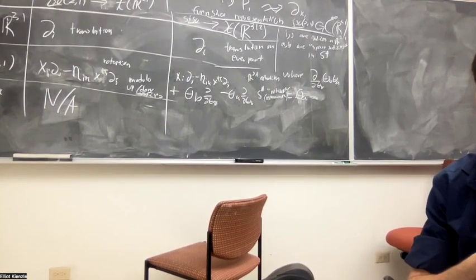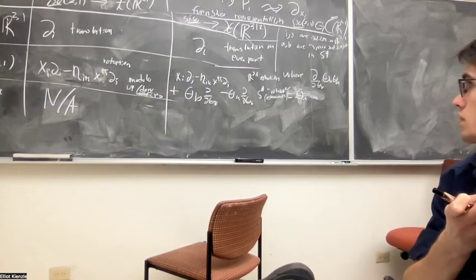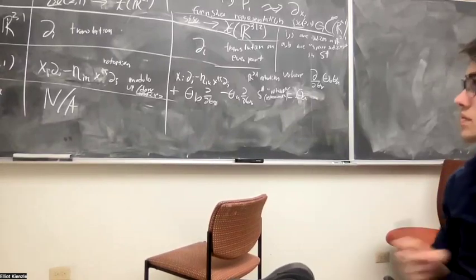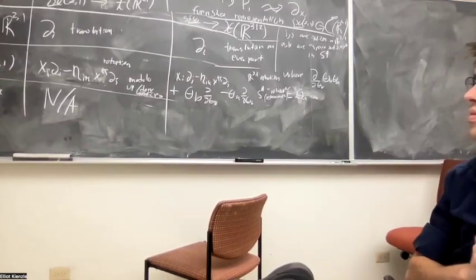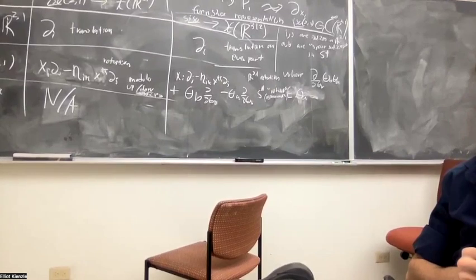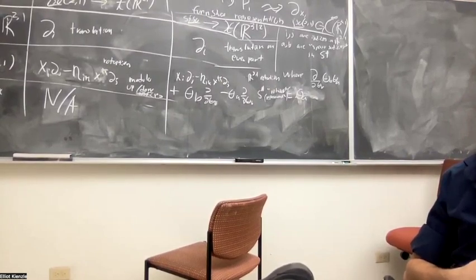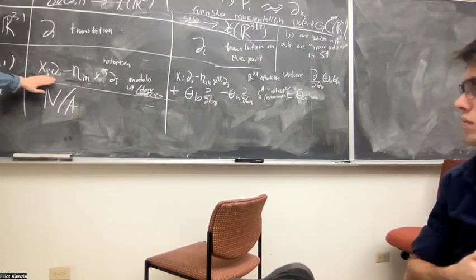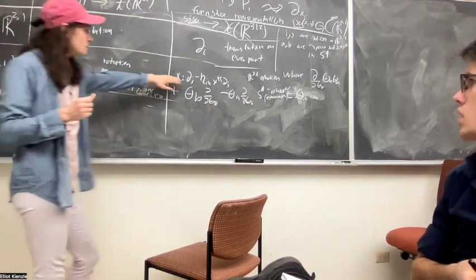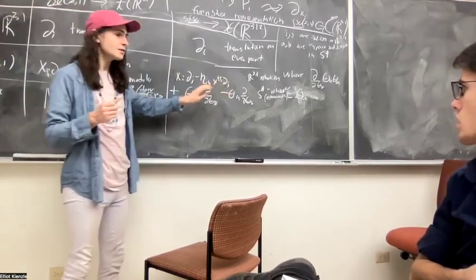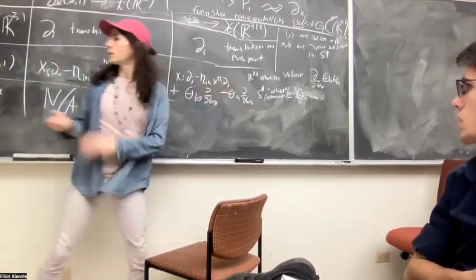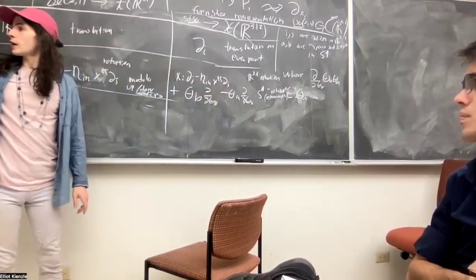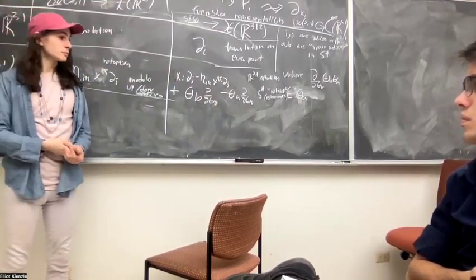But the bottom line is, modulo the details of how this works, these are relatively heuristic, because if I wanted to write this out formally, I'd tell you what the generators are explicitly and where they map. But the heuristic is that a rotation rotates both the base space and the associated spinor.